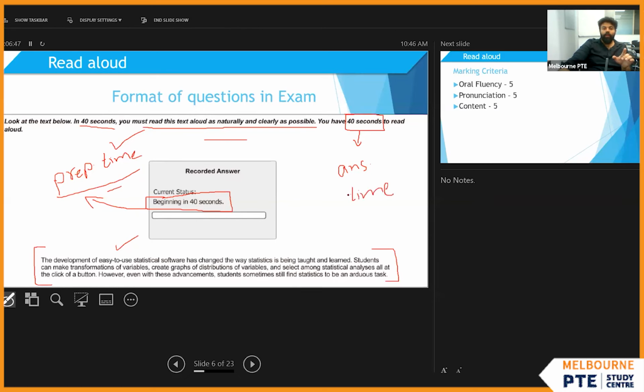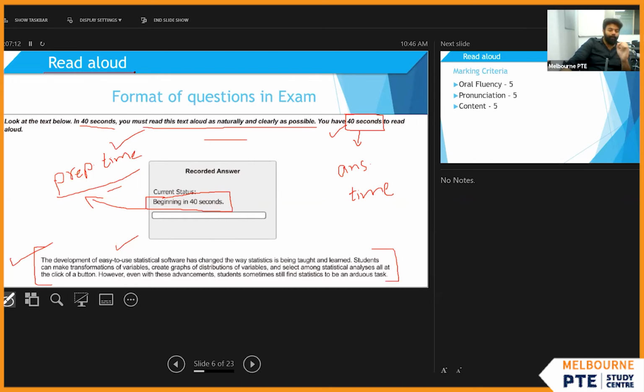What you will do in this 40-second time is read this passage aloud. In other words, you will record your answer saying the same passage you have written on your screen. Or in other words, as the topic says, you are reading aloud.